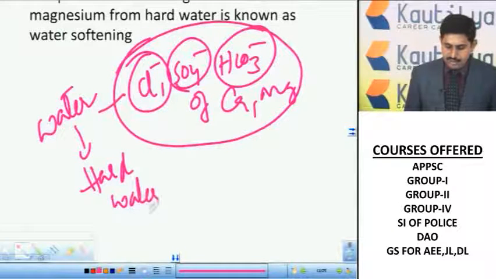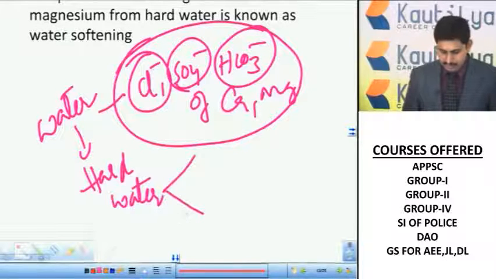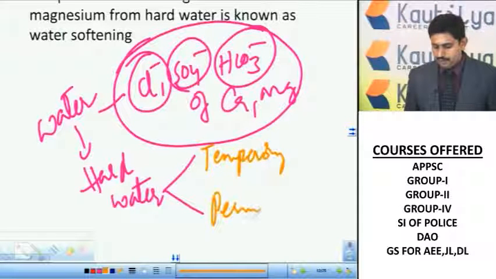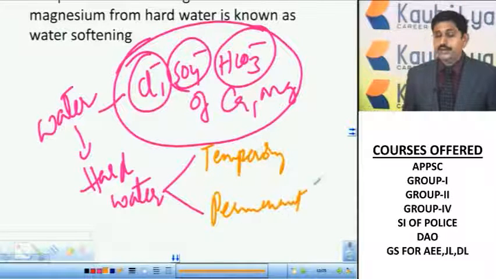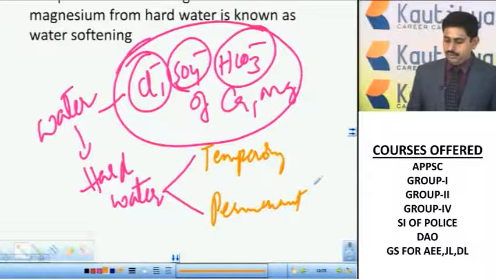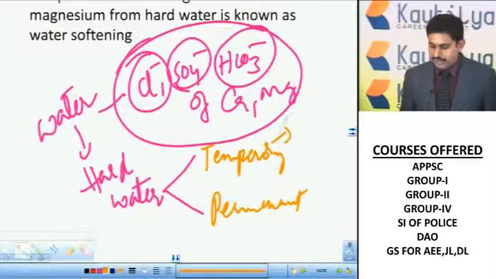And this hard water is again classified into two types: temporary hard water and permanent hard water. Temporary hardness can be removed by simple heating or boiling.